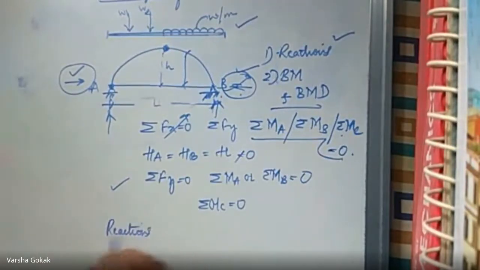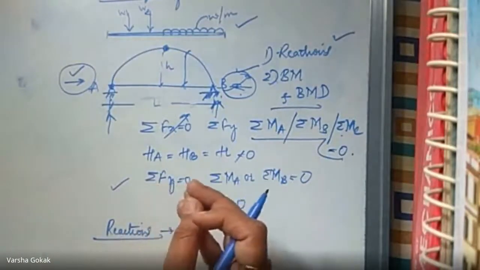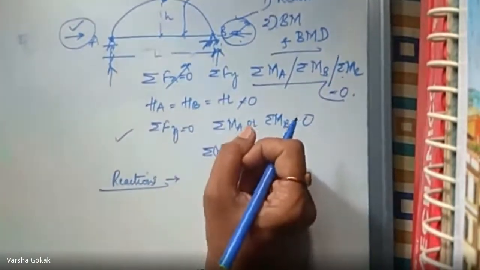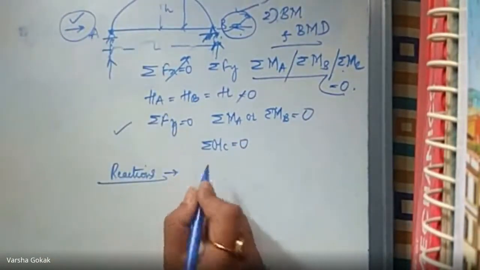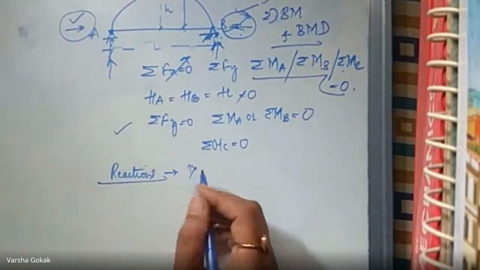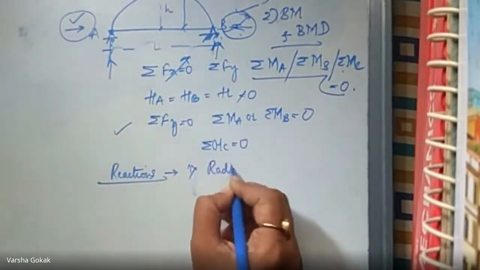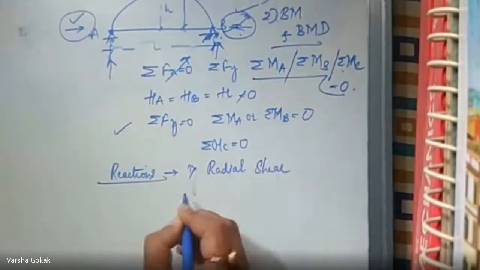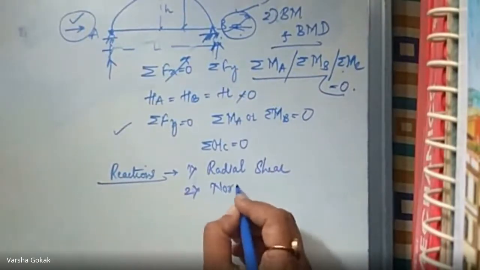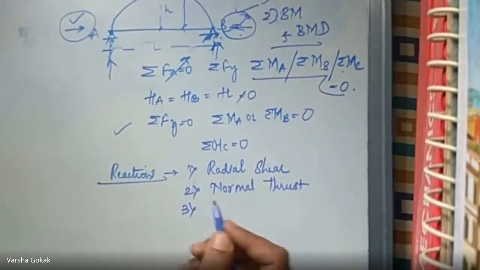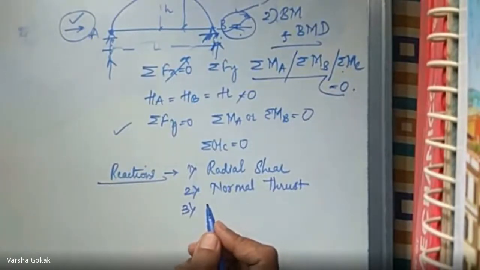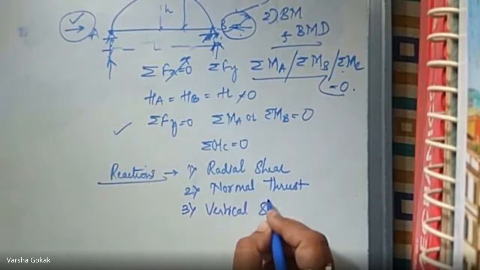Then apart from this, we find some reactions. Yesterday while closing, I told you that when I analyze a beam, I'll have bending moment and shear force as my output, because bending moment and shear force are important for us in the designs. Similarly, in case of arches, the three main parameters that we find are radial shear, normal thrust, and vertical shear. They will ask you to find these three.